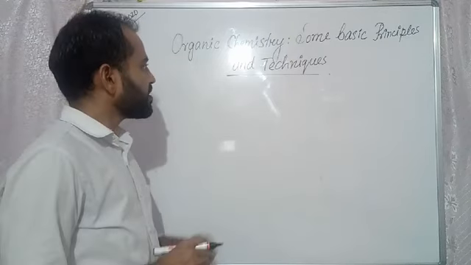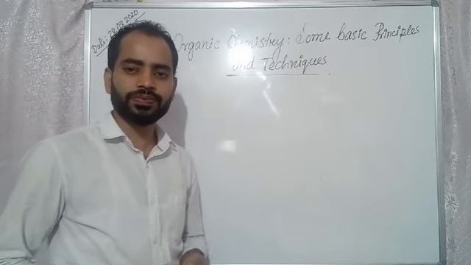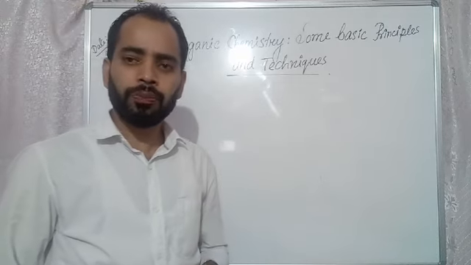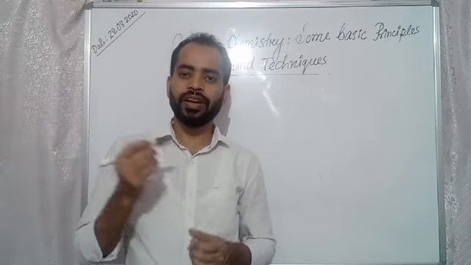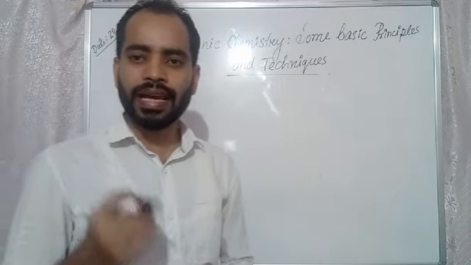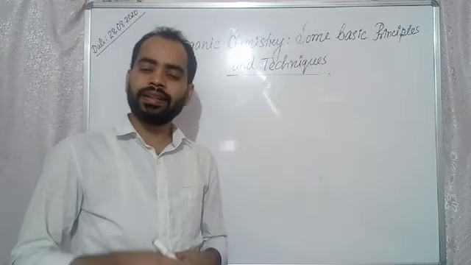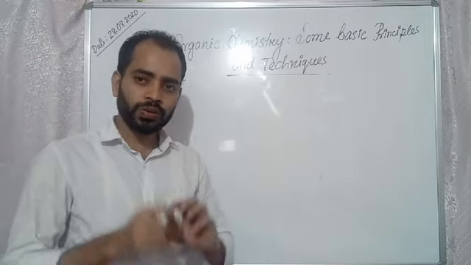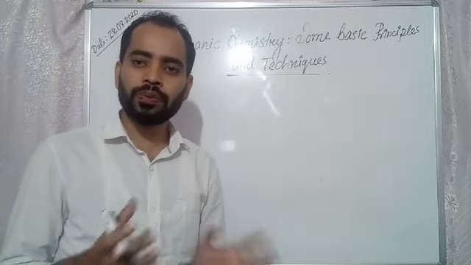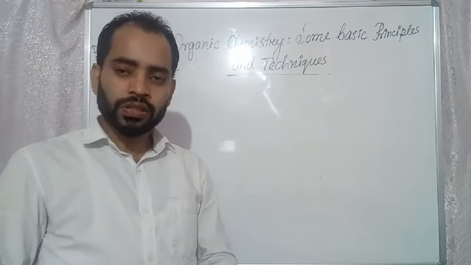So, first of all, we should know what is organic chemistry. In your periodic table, all of you are very aware of one of the elements that is called carbon. Another element you also know, that is hydrogen. So the compounds of carbon and hydrogen are called hydrocarbons.